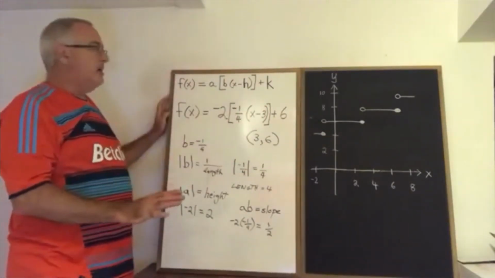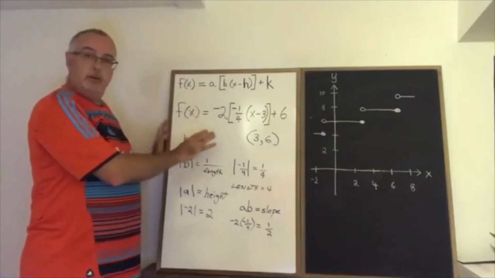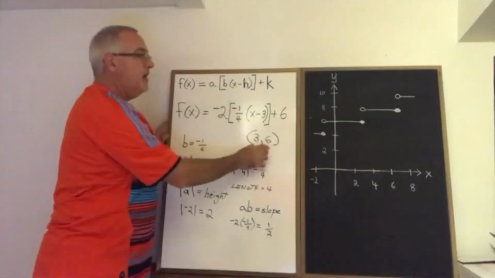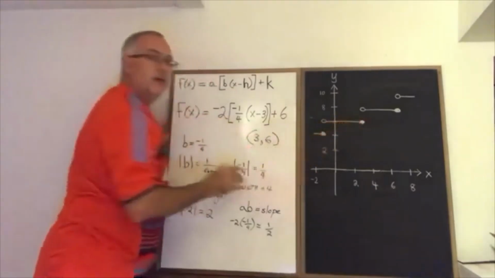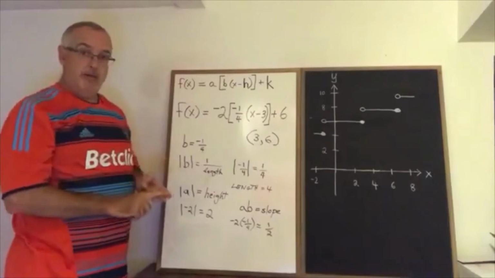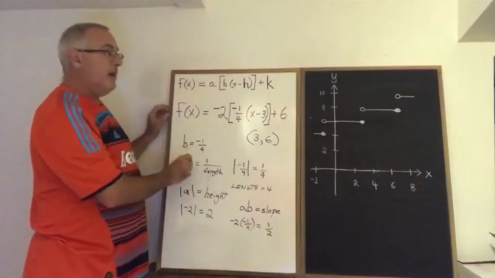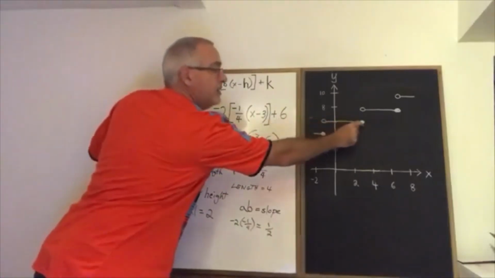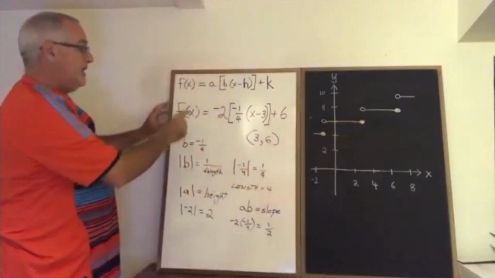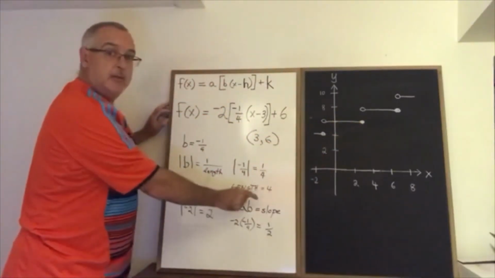To summarize, the way I use the parameters in graphing the step function is I use h and k to find a closed circle that is on my curve. Then I use b in 3 different ways. I use the sign of b to figure out whether the closed circle is on the right end of the step or on the left end. I use b to find the length of steps.